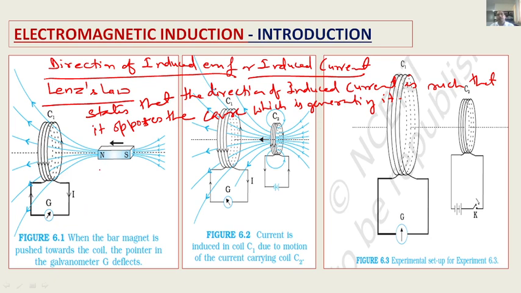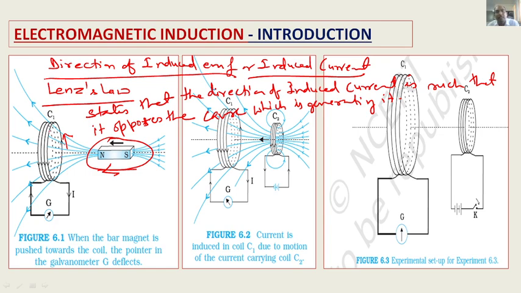So when a north pole of a magnet is moving towards the coil C1, this is the cause which is bringing a change in magnetic flux. So the direction of induced current will be opposing this motion, and the direction of induced current will be anti-clockwise in the circuit.